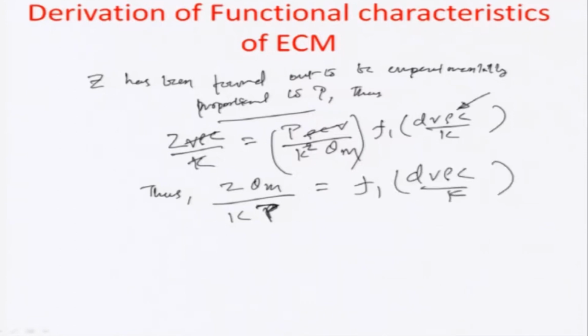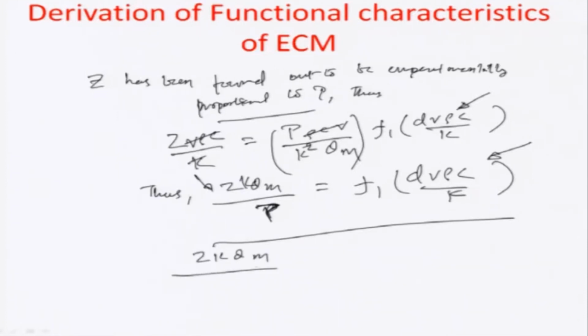rho c by k. Now, if you do an experiment of the e-beam where you observe the various relationships which happen between z theta m k by power p on one hand, and this d v rho c by k on another hand, you do have such an experimental relationship emerging from the observed data, and this can be written down.